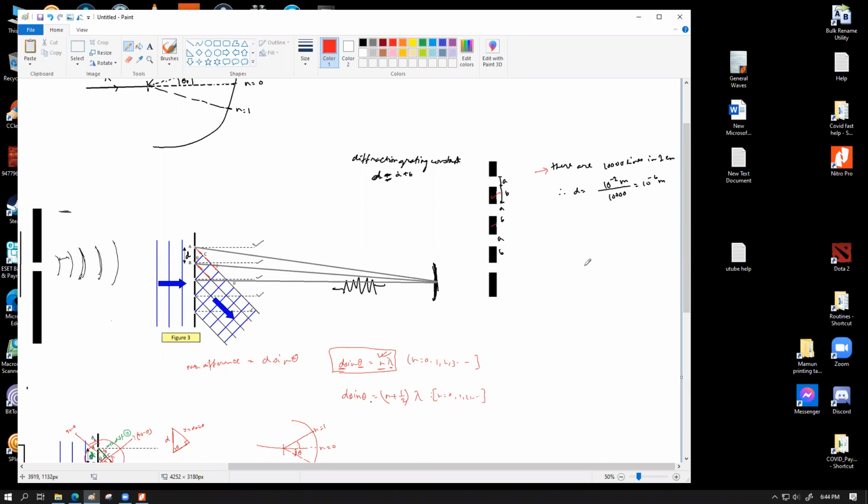So if this much is 1 centimeter and there are 10,000 lines within this 1 centimeter space, there are an equal number of gaps within the space. If you start to observe from a line, you should have a gap afterwards, and then another line, and then another gap.